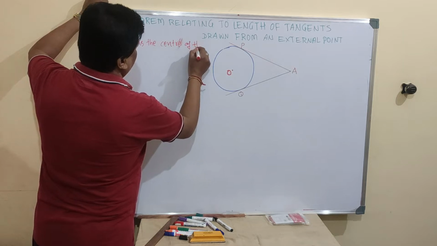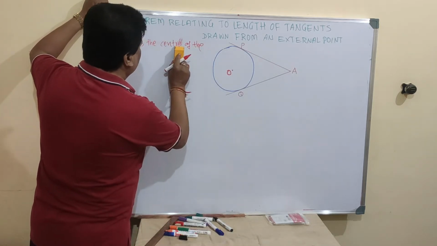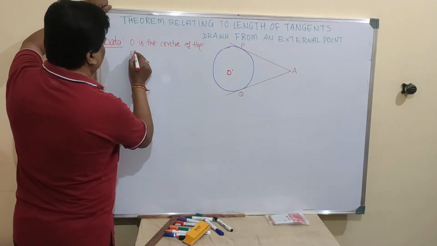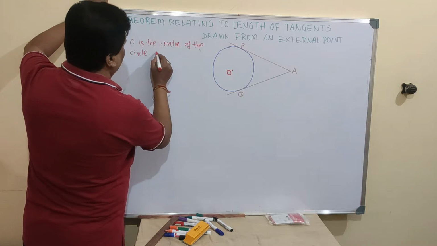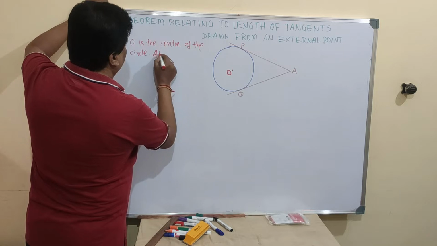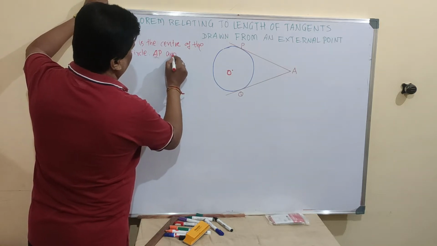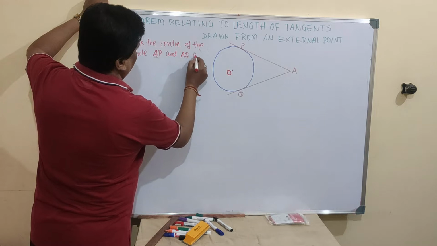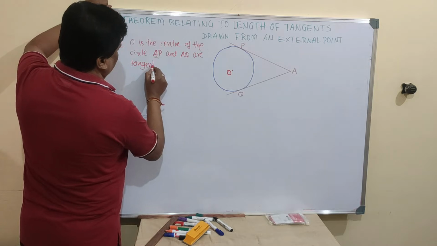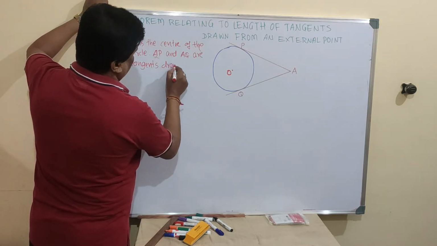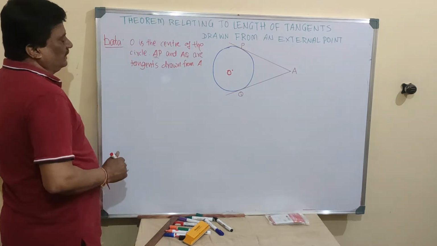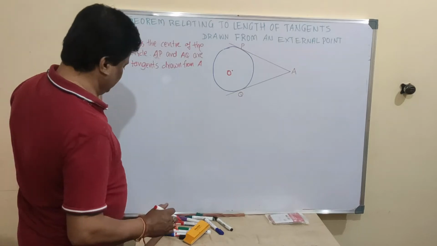AP and AQ are tangents drawn from A. A is an external point, of course.